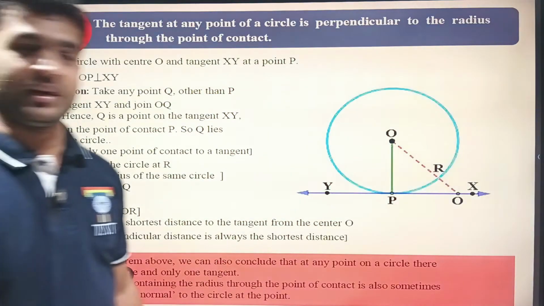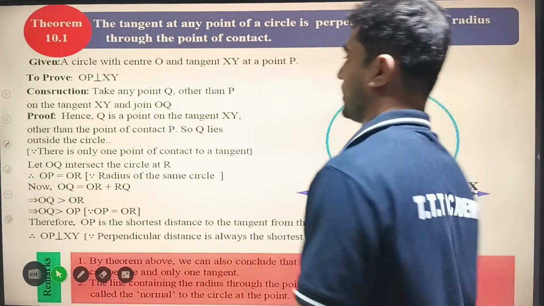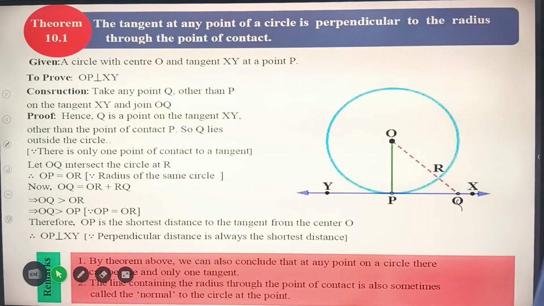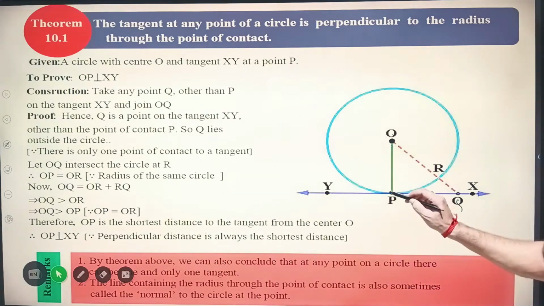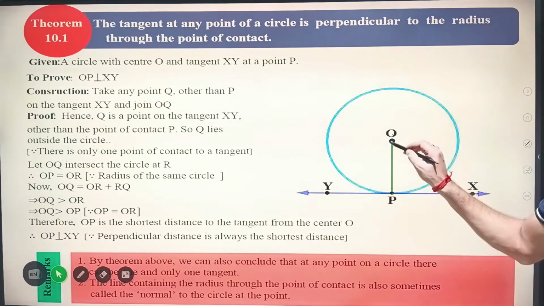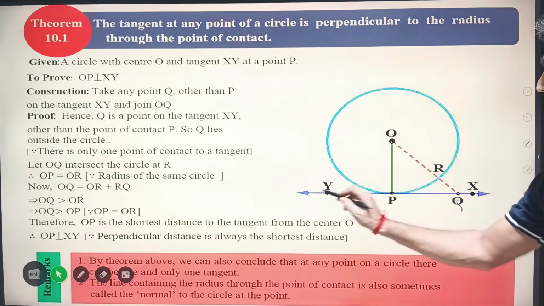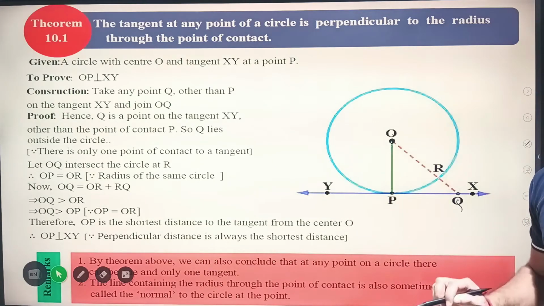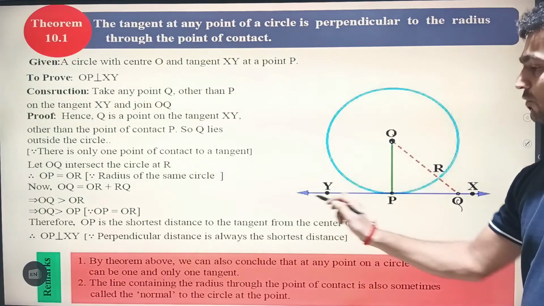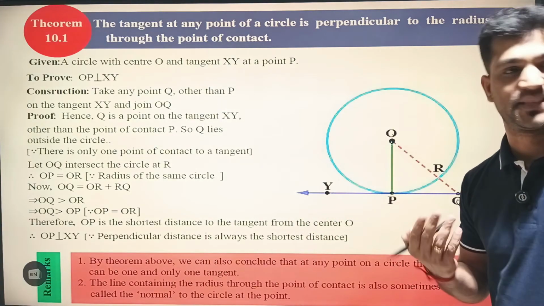We studied this theorem in detail. Agree, Raja? So what did we study in this theorem? That the tangent at any point of a circle is perpendicular to the radius through the point of contact. We called this the point of contact, where P is the point of contact and O is the center, and here XY is a tangent of the circle. This line XY represents the tangent.